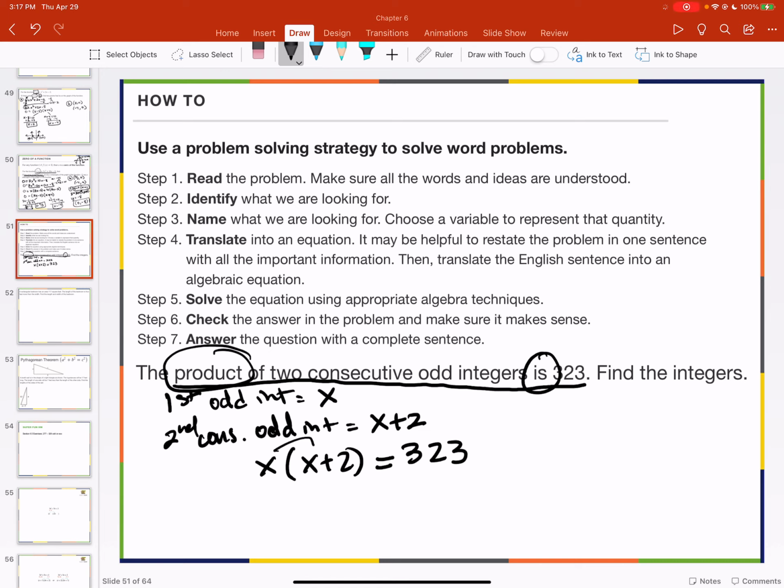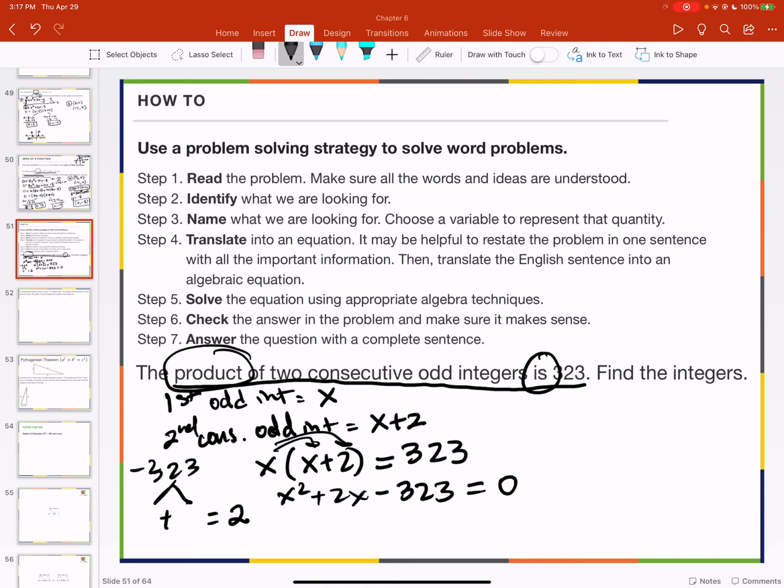So let's go ahead and simplify here. We can get x squared plus 2x. Subtracting 323 from both sides gives me a minus 323 here, and that's equal to 0. So now we can factor. What are two integers whose product is negative 323, but when added together give me 2?